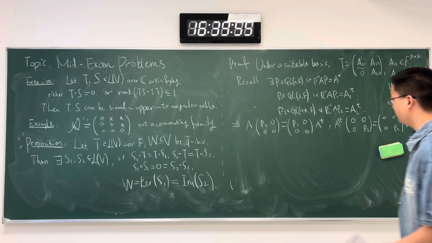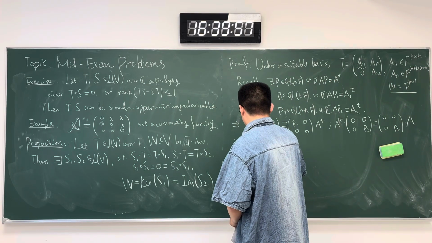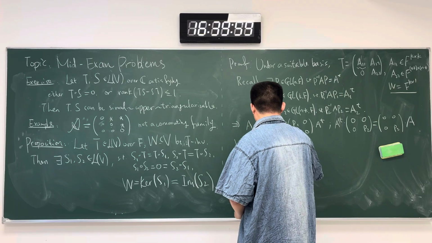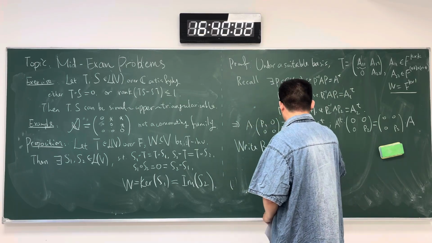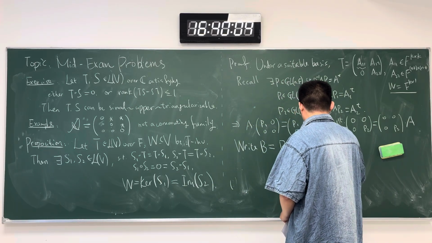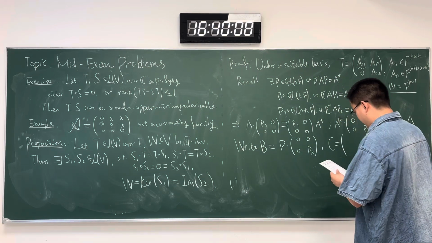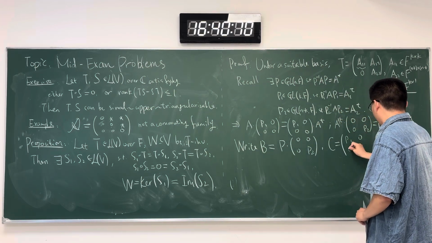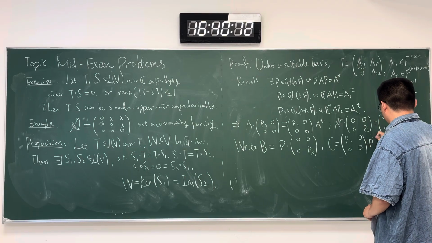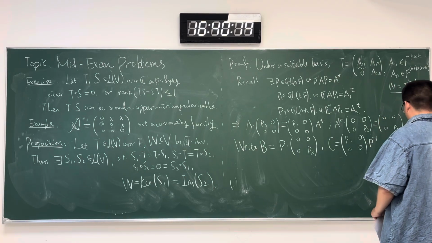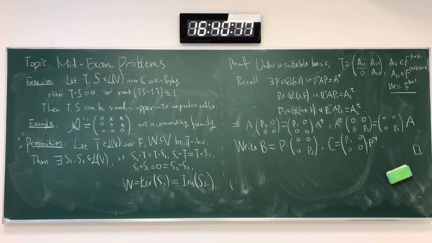So finally, it suffices to write B as P times this matrix by P2, and C will be this matrix by P1 times P inverse. So this is a direct construction of such commuting linear transformations with T.